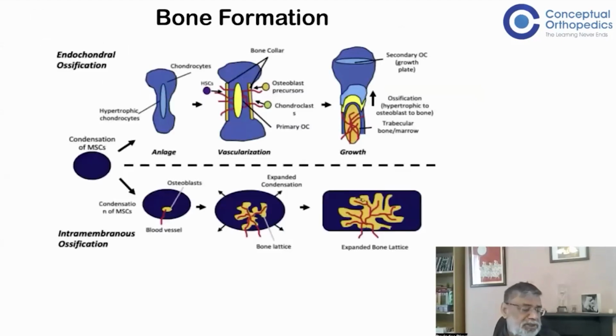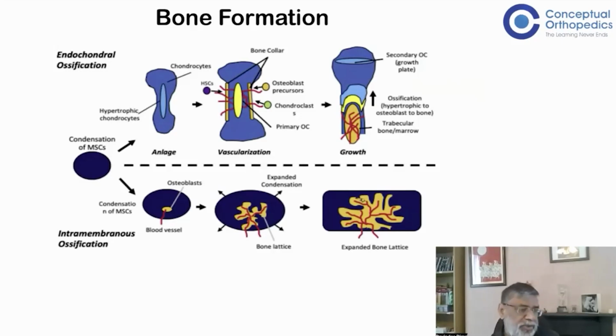As far as the formation of the bone is concerned, and this will be a detailed talk separately, essentially there are two ways bone is formed. One is that a mesenchymal stem cell condenses to form a template for the bone, which later gets converted into a cartilage template, and then the cartilage template becomes a bony structure.